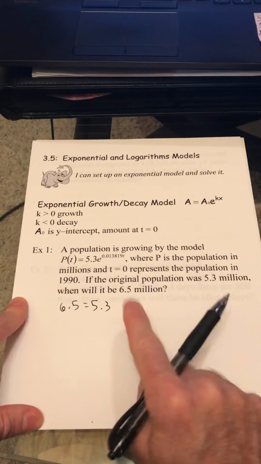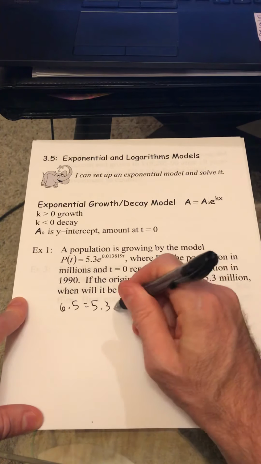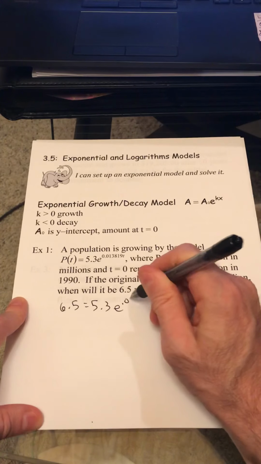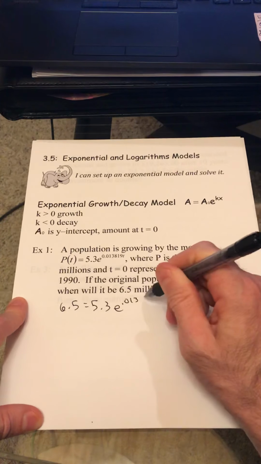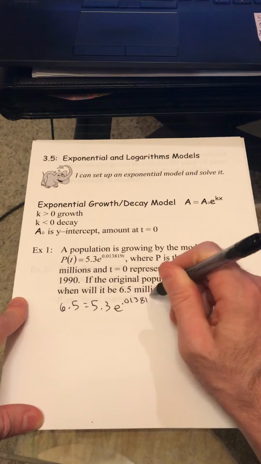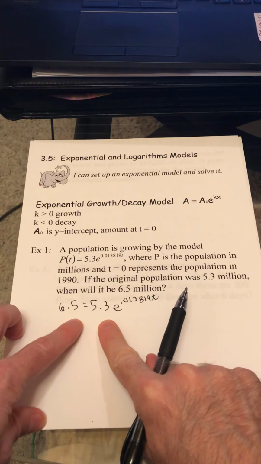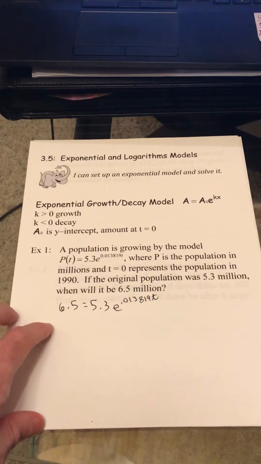The A sub 0, or initial amount, is 5.3. And don't worry about writing in all the zeros. 6.5 equals 5.3 e to the 0.013819 t. So from here, now we're just going to solve an exponential equation.